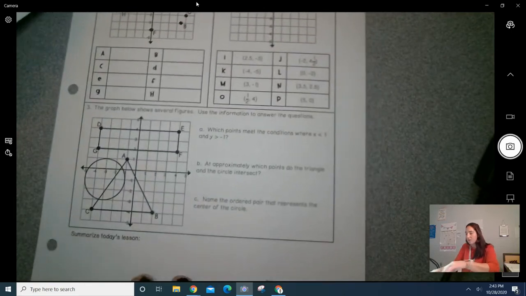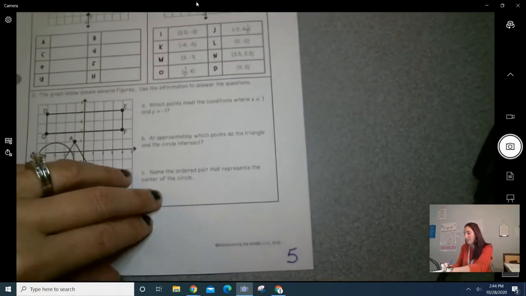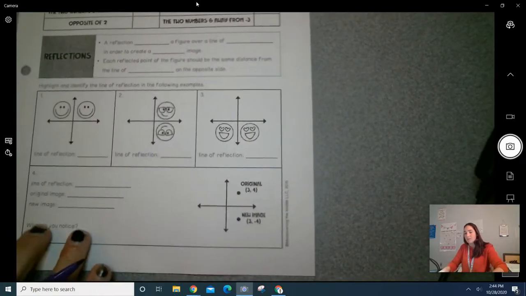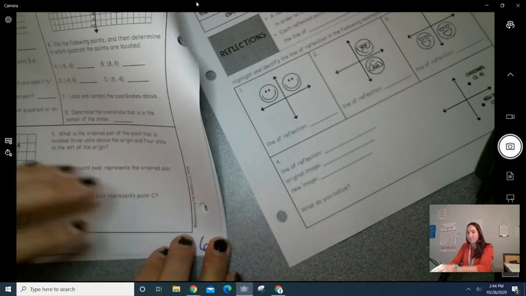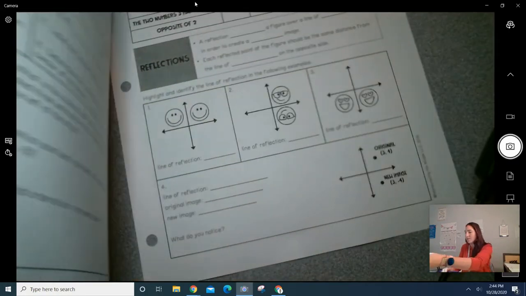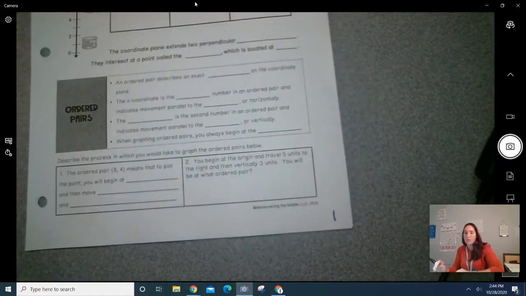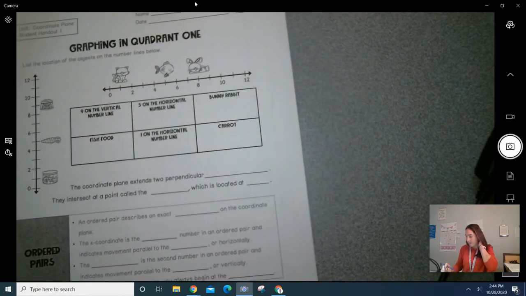And the next one will be 5. And on the next one, we'll put a 6. And you guys will continue that. You can go ahead and pause the video so that you can finish numbering your pages. So that'll help later.